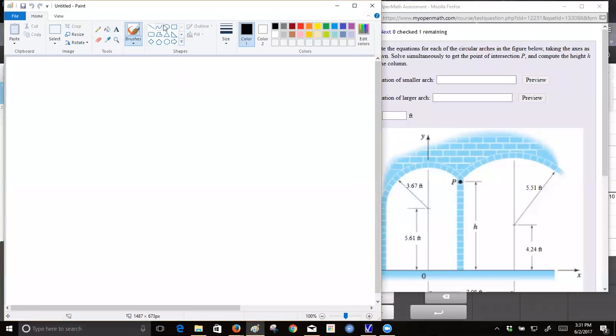What you've got to remember is that the equation of the circle is in the form x minus the x coordinate of the center squared plus y minus the y coordinate of the center squared. Here, I'm going to write that as k, not y, equals the radius squared. So for the first one, I am noticing that it's been shifted. The center is right here.